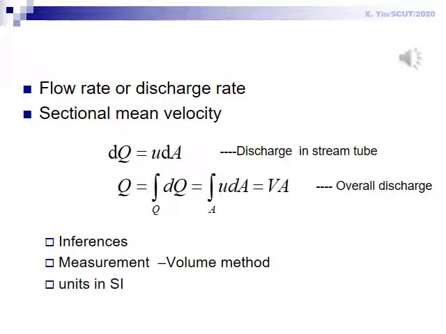Okay, from these two equations here, we can infer that if flow rate is fixed, streamline convergence will lead to larger point velocities. Of course, divergence leads to smaller velocities.